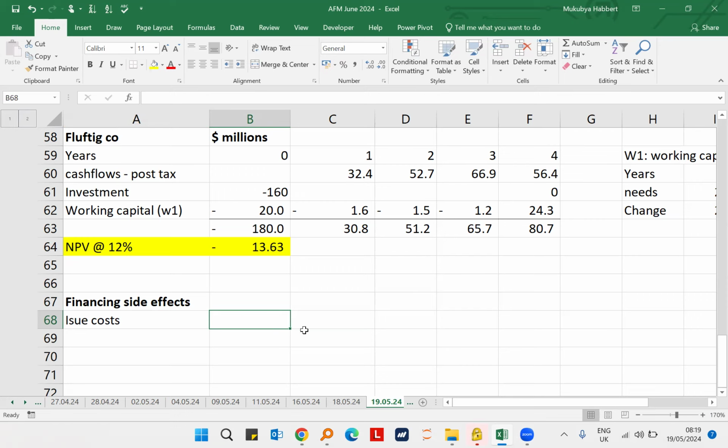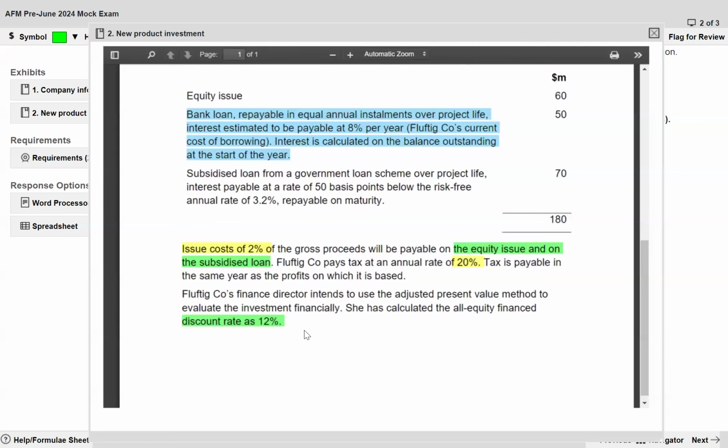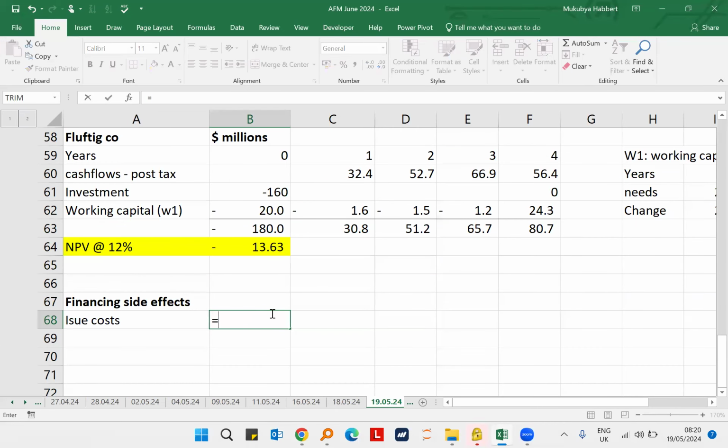So now the issue costs, they told us that is 2% of the gross proceeds. So remember, they say that the issue costs are on equity and on the subsidized loan. So together the equity is 60 million, subsidized loan is 70 million. So we are looking at 130 million issue costs. So it will be 2% of the gross.